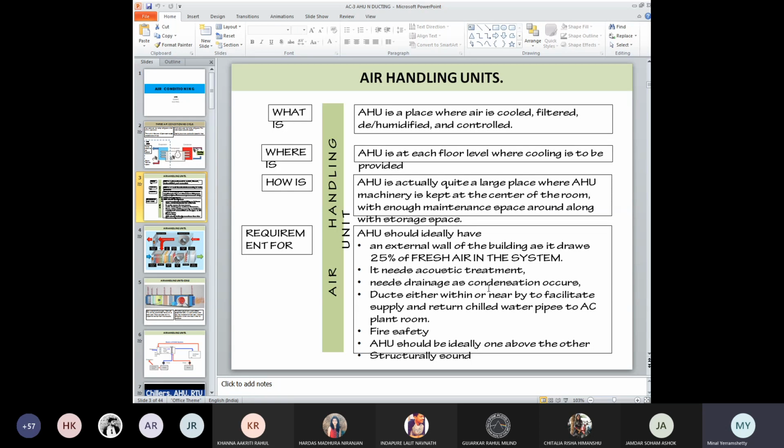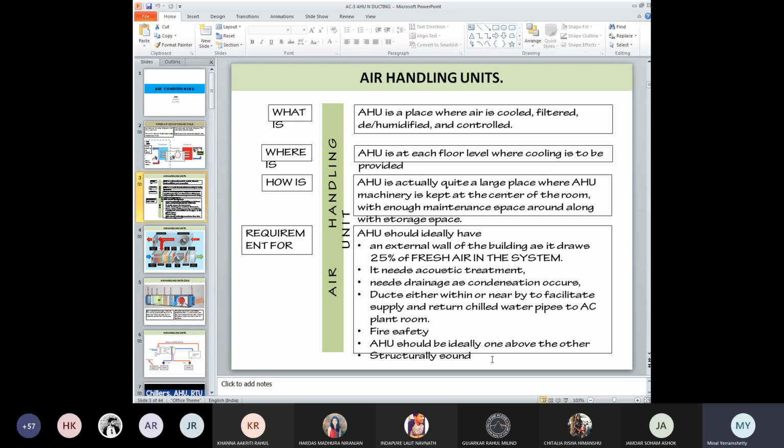Fire safety, yes, definitely, because it's full of machinery. Anything can go wrong, and you need to have complete fire safety for that. So yes, each should ideally be one above the other and structurally sound, because again, a 1200 RPM fan vibrates. Okay, so I need vibration isolating pads.